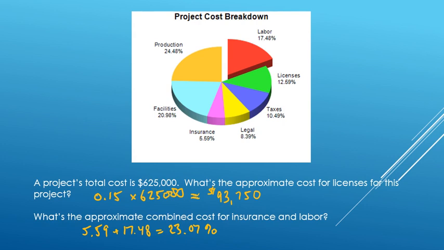So let's just estimate 25% of our cost is going to come from insurance and labor. So if we do 0.25 times the 625,000, and if we plug that into our calculator, we get 156,250.